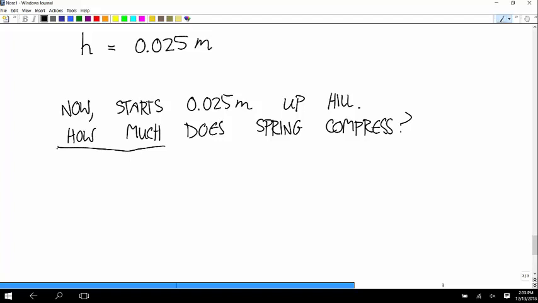It's all the same forces, so conservation of mechanical energy still applies. Instant 1 is when it's at the top of the hill. Instant 2 is when the spring is compressed.